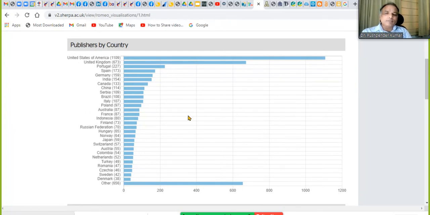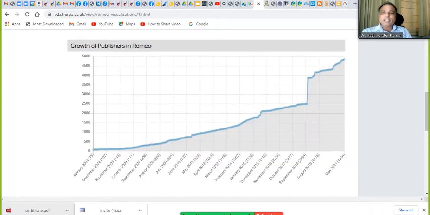This is last year's information, but now maybe it would be more. And here you can see the growth. Now it is growing like anything. So in May 2021, it was approximately 4,840 journals which have an open access policy, right? Now it will be more.